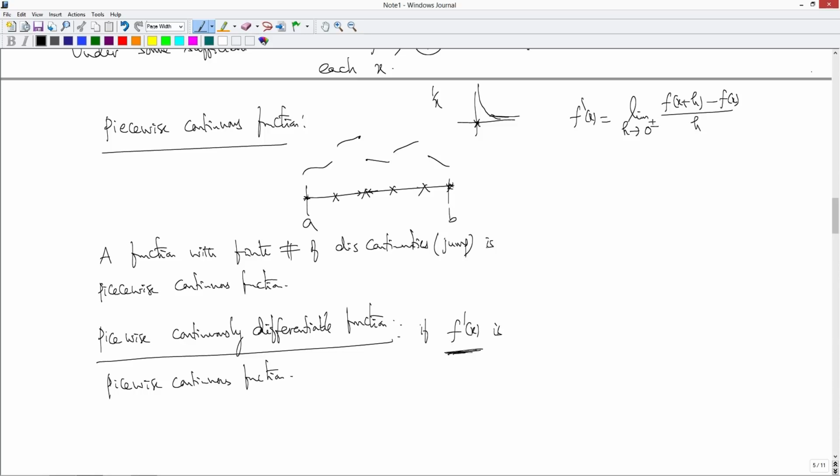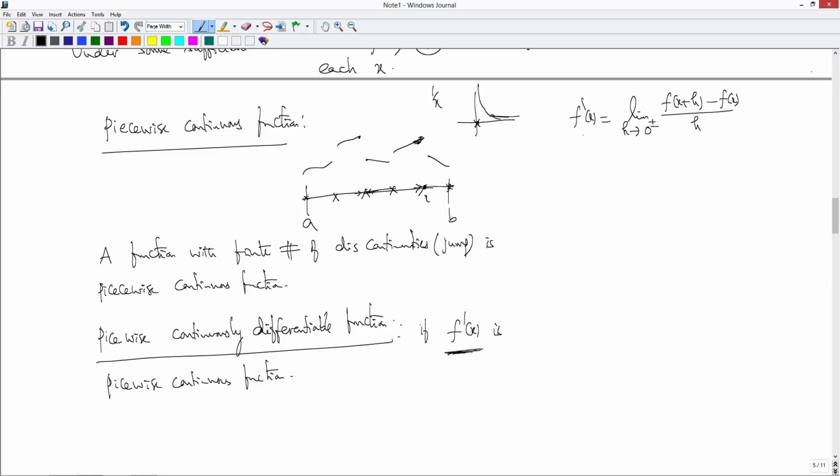So, you are looking at the derivative at this point, the derivative from the right side, this side. And if you take h goes to 0 minus, you finally get x minus positive h, and you are taking the limit here. So, you are looking at the tangent at this point, the limiting value here for this function.